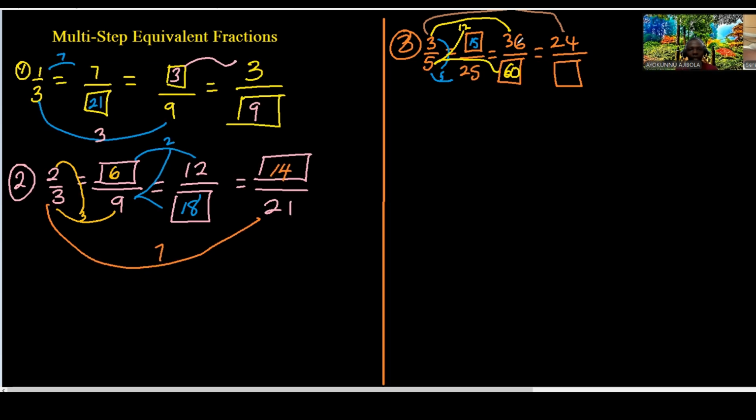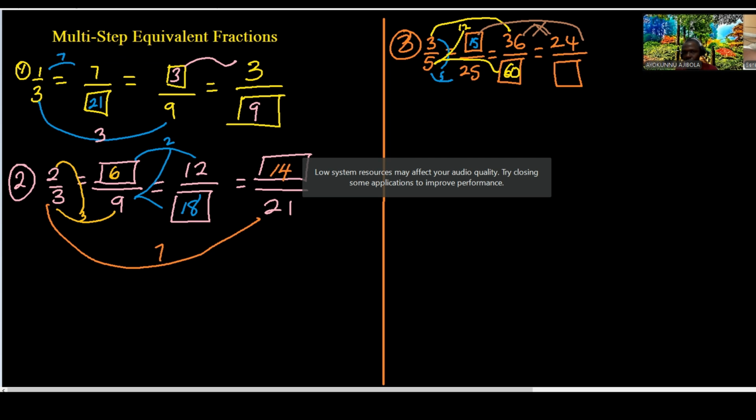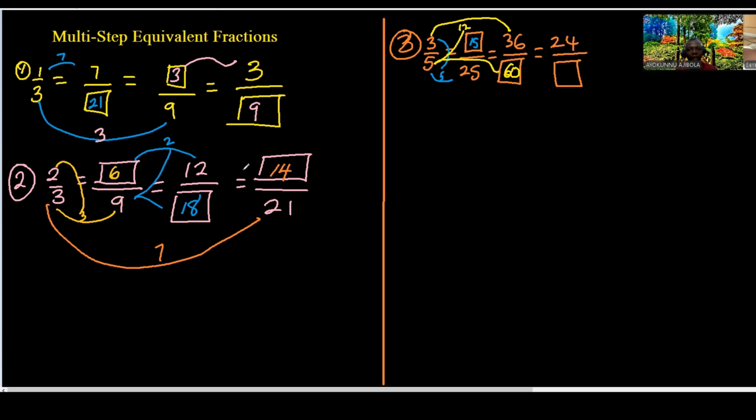But 36 and 24 will not work, so you can go to the first one. This will not work. This also will not work. Okay? So, what can we do? We can compare the first one now. Try that.